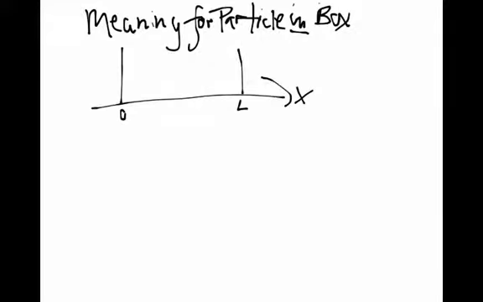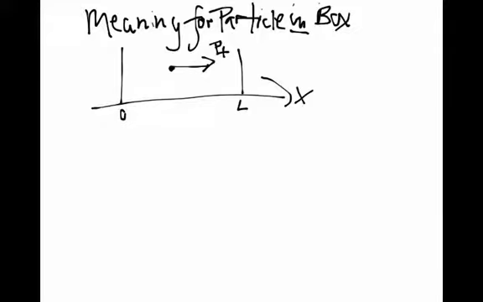So if we've got our box again, here's the x-axis, and the potential goes to infinity at 0 and L. So we're confining ourselves to being between 0 and L. All it's saying is that if we go and ask the particle, what's your momentum? If it's got energy, it's got to have momentum. And p plus just means I'm moving to the right with some speed, some momentum, which is just the velocity times the mass.